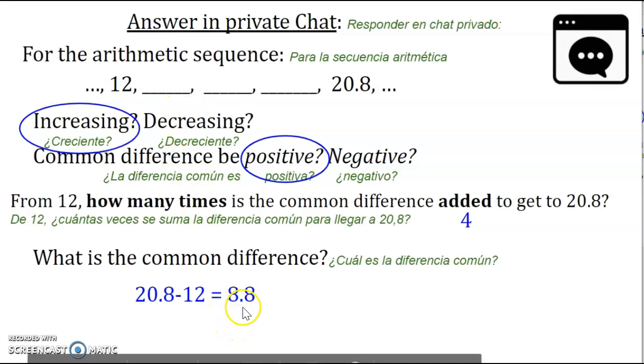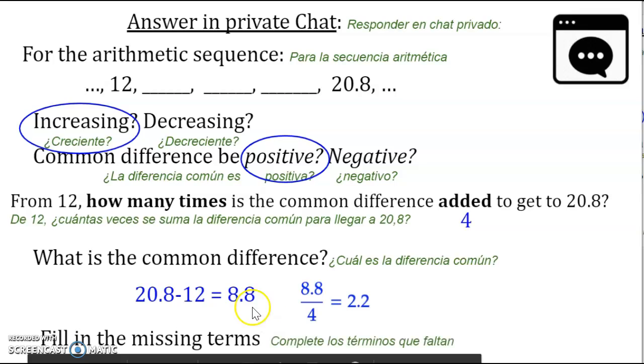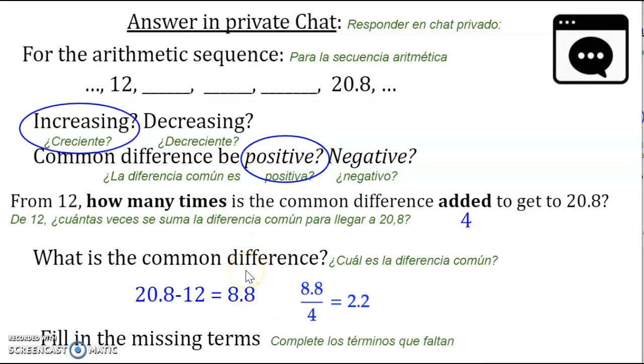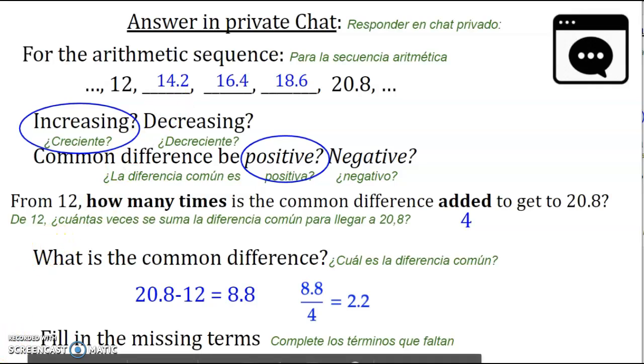So that's 8.8. It needs to increase by 8.8 from 12 to 20.8, by 4 additions. So we divide 8.8 by 4, and you get 2.2. So the common difference is 2.2, and we can fill in the rest by adding 2.2 to each previous number. Okay, I will continue on the next lesson recording.